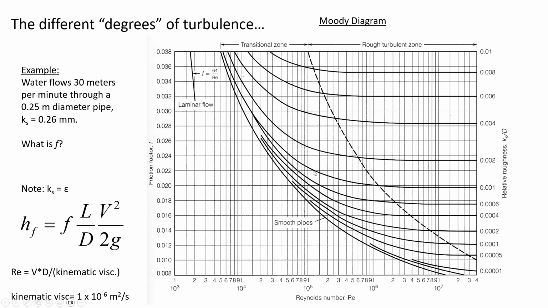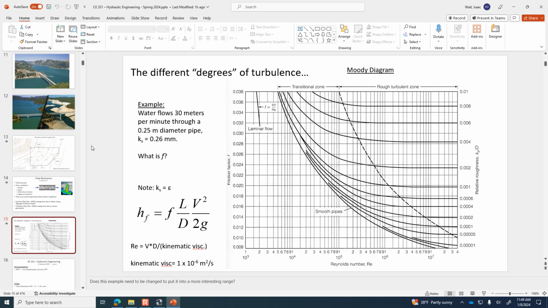The two come together right there, and then we follow it to the left and we've got the friction factor. And with that friction factor, if we knew how long the water had to go through that pipe, we could calculate the head loss that occurs between those two points.